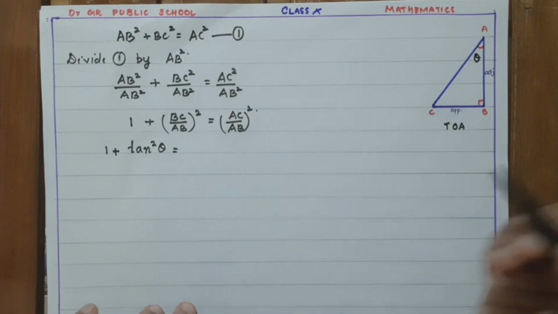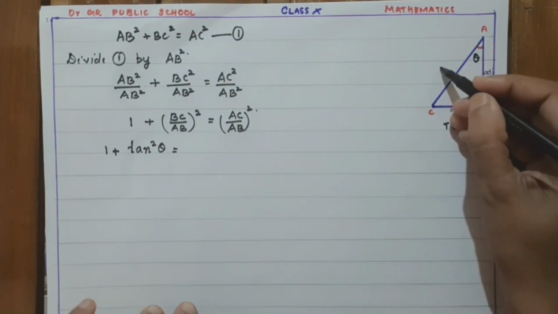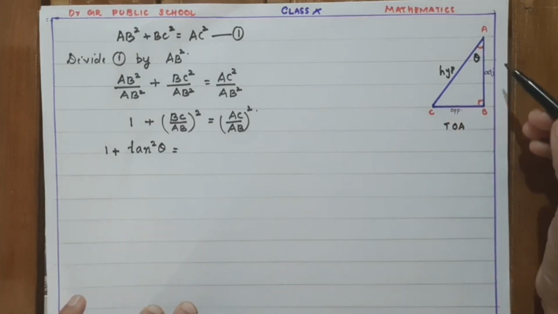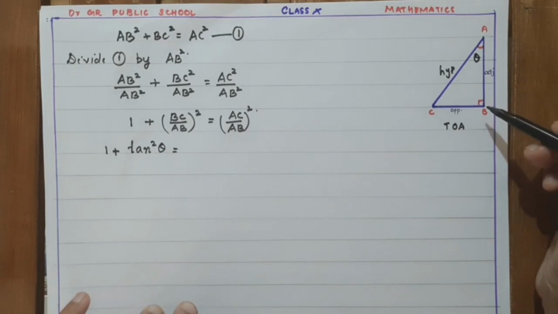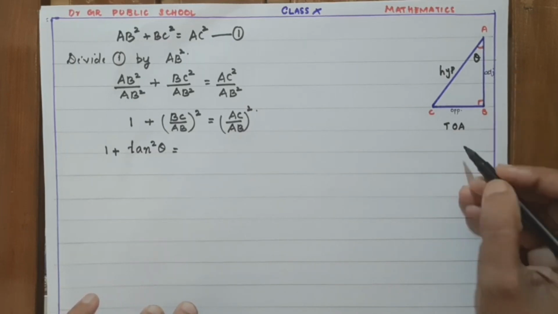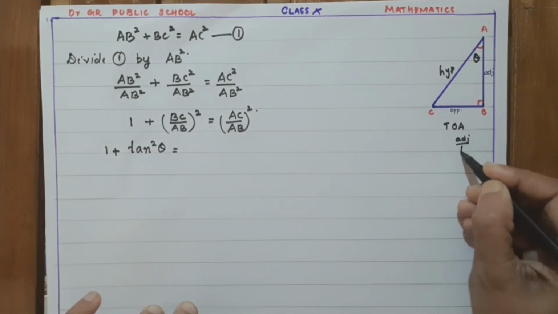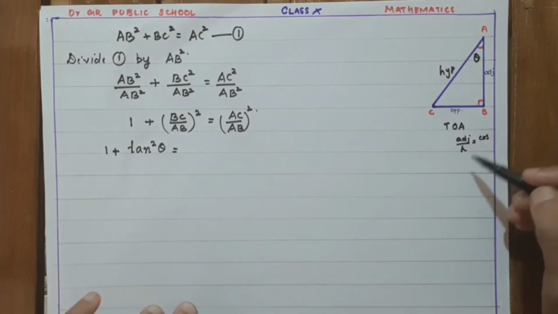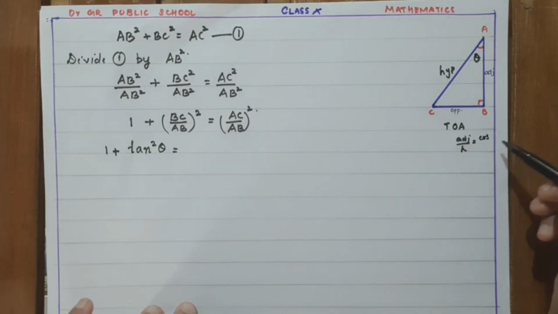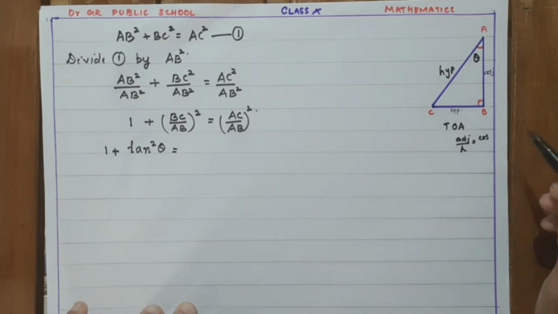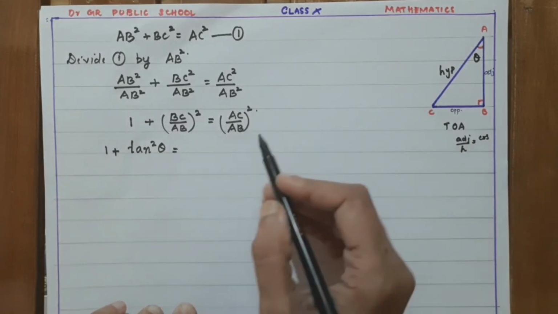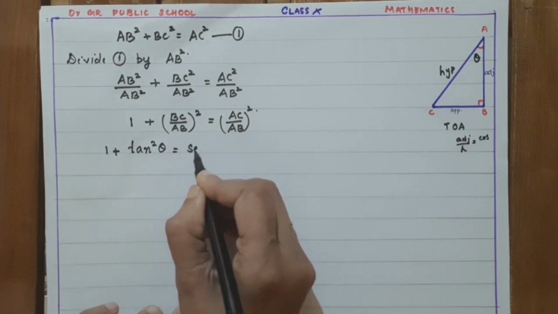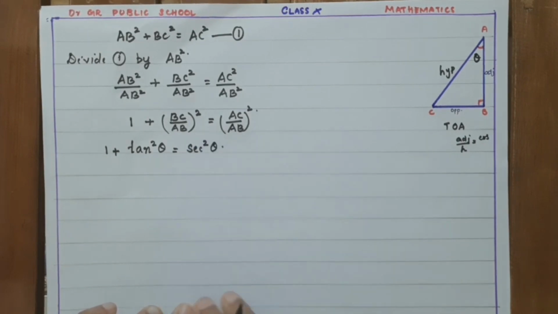Next, AC by AB. What is AC? AC is our hypotenuse. Hypotenuse by adjacent side. What is hypotenuse by adjacent side? Adjacent side by hypotenuse is our cos ratio, isn't it? So it's the opposite ratio. What is the reciprocal of the cos ratio? Sec theta, isn't it? Sec ratio. So AC by AB is sec theta, and this can be written as sec square theta.